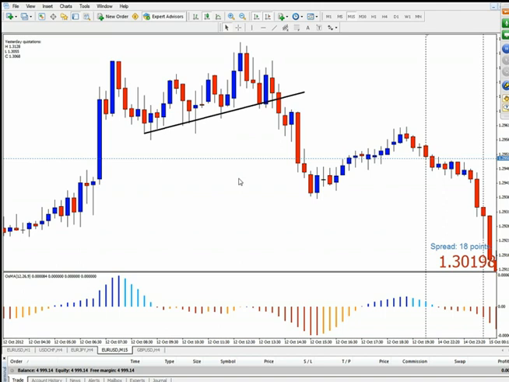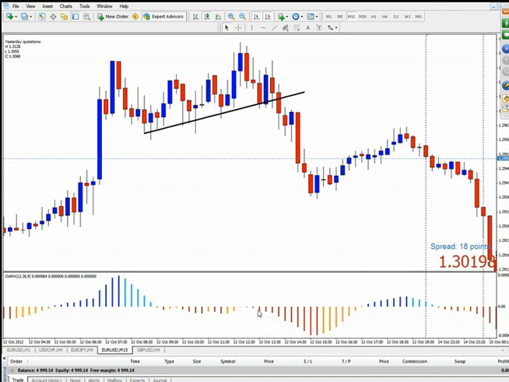Like I said, I promised I would show you this entry with the OSMA, but I really want you guys to concentrate on drawing the trend lines and getting in on the trend line break because it's the safest point of entry. Because right up here, how do we know that it's going to go lower? We don't know.